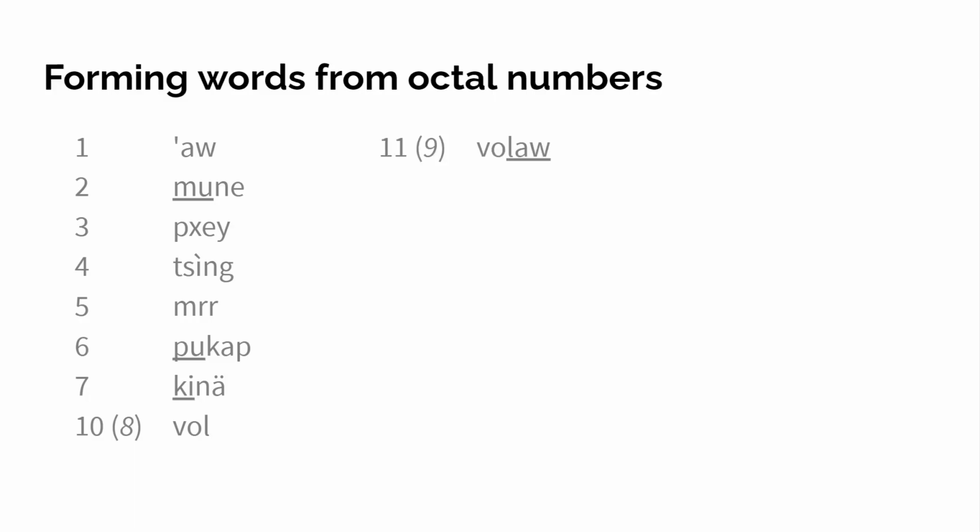If we now go on, what we do is we say volau. So basically 8 plus 1, which is 9. For the Natvi, that would be octal number 11, because 1 times 8 plus 1. You can see this word is built from vol, 8, plus au, 1.